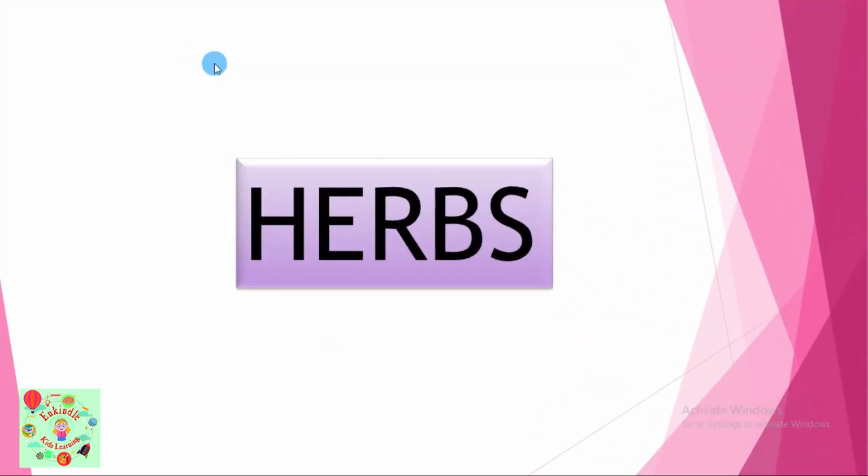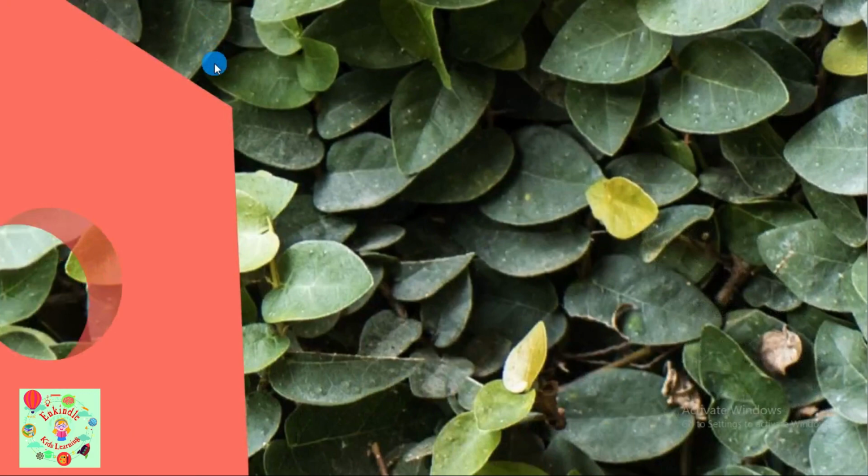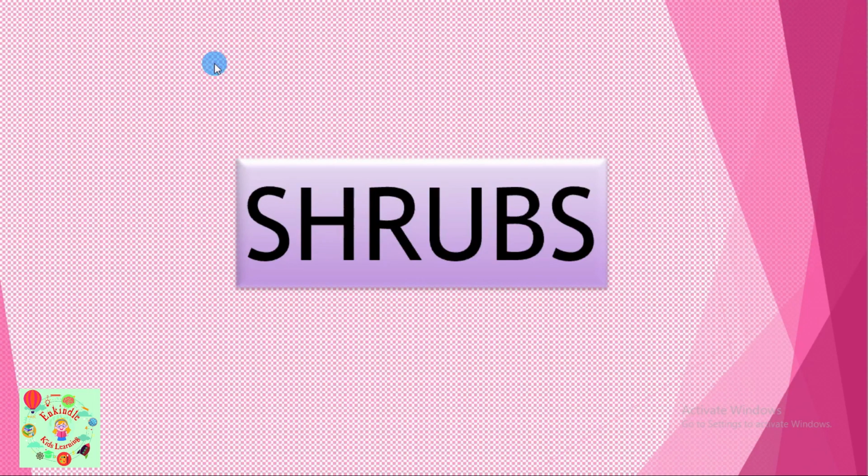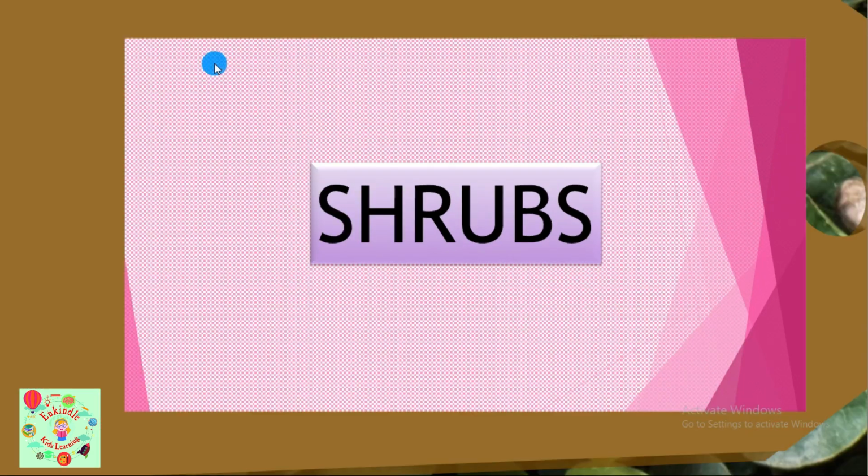What are herbs? Herbs are the smallest plants. They have non-woody stem and can be bent easily. Then comes the shrubs, whereas shrubs are bigger than herbs but smaller than trees. They have light woody stem and the branches appear from its base, that is near to the ground.